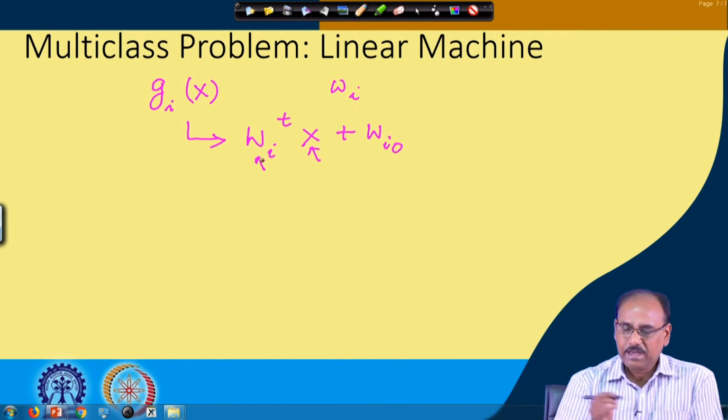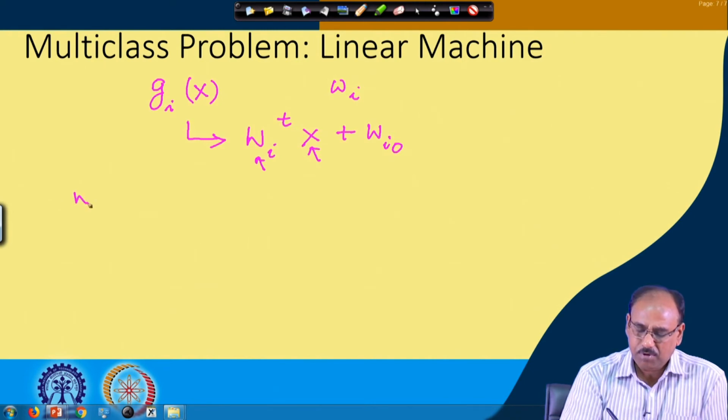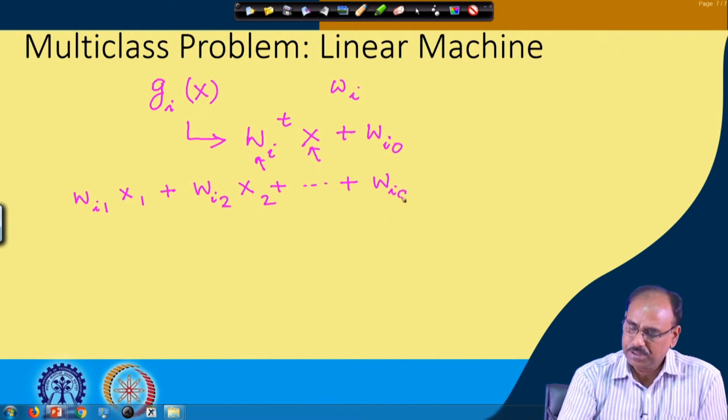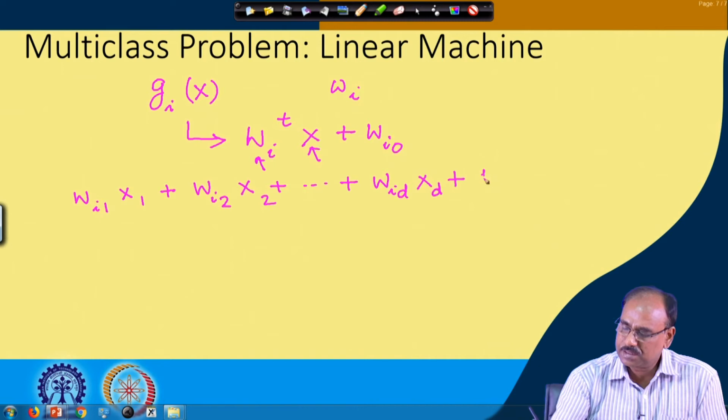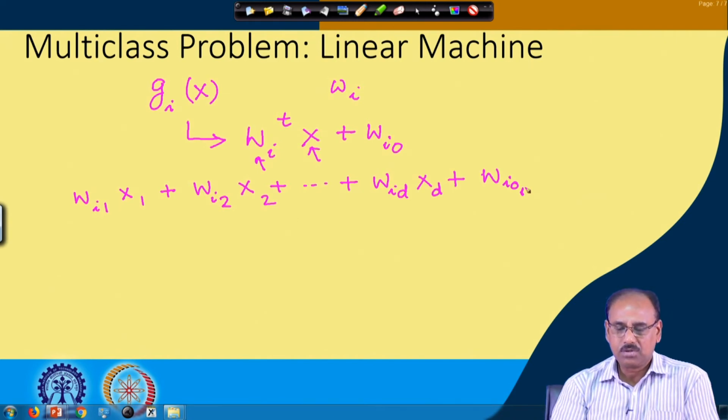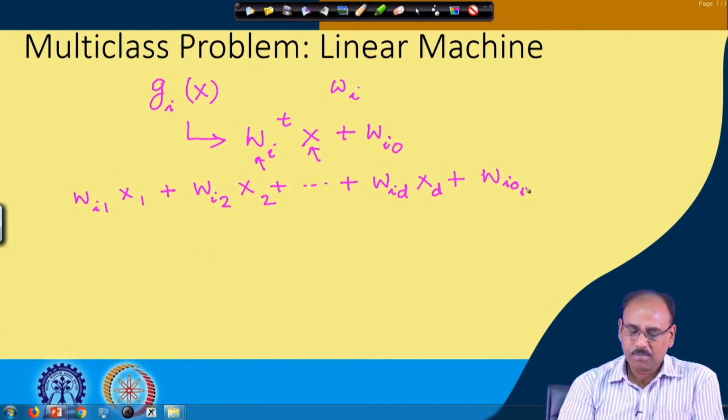And if I expand this expression, then my g I x becomes of the form w I 1 x 1 plus w I 2 x 2 plus, as there are d components, w I d x d plus w I naught, which is the bias term.